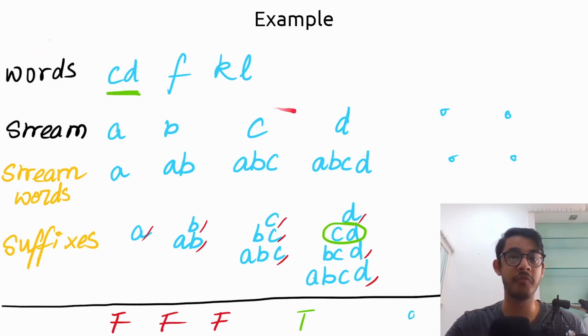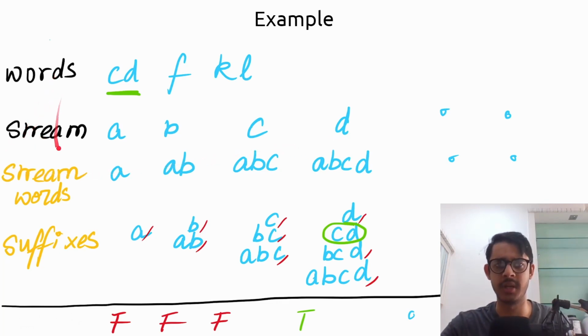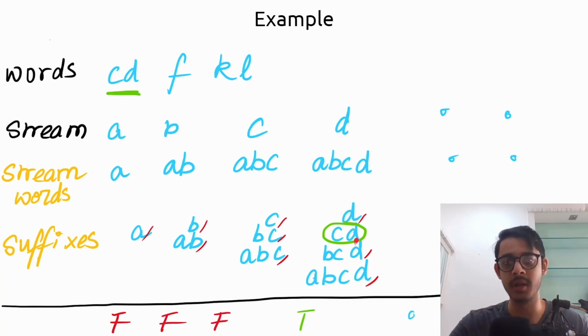Which means that for the character D, these yellow states are, by the way, just intermediate states. D is the real input given to us, and the inputs are in black. For the input D, when we accept the character D from the input, we're going to have CD as one of the intermediate states in the suffixes.